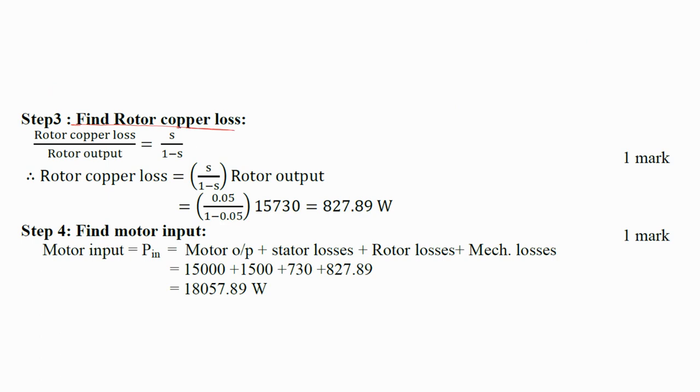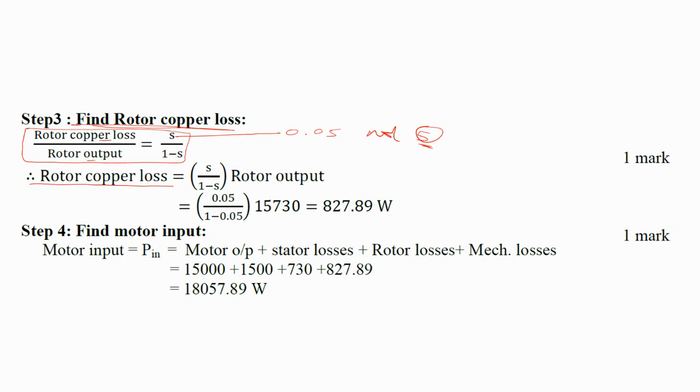Third step is to find rotor copper loss. We have one equation, and you have to learn this equation: rotor copper loss divided by rotor output is equal to slip divided by 1 minus slip. Here we will consider the slip as fractional, that is 0.05, not 5. If you consider 5, then the whole calculation will be wrong.